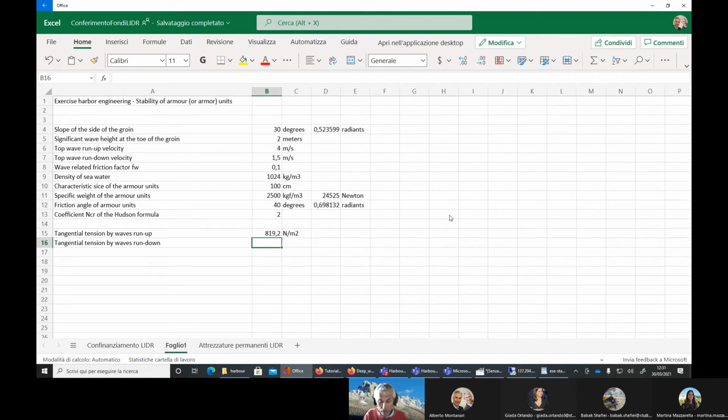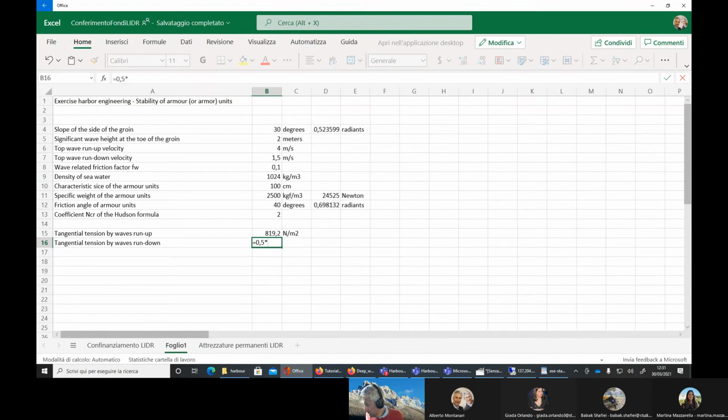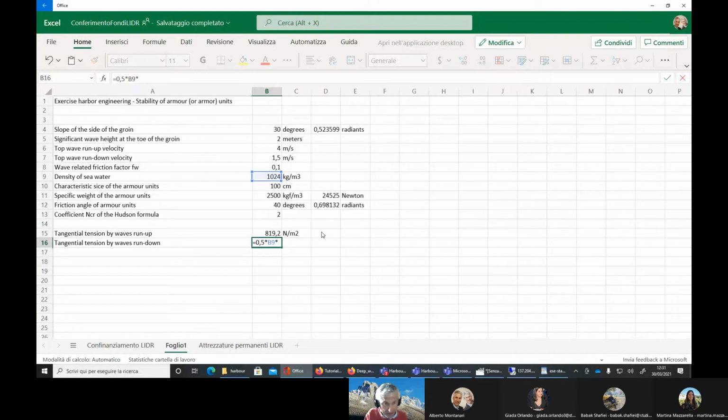So what I have to do is equal to 0.5 times density of seawater times friction factor times run down velocity squared. Okay, this is good. And so I have the two tensions.